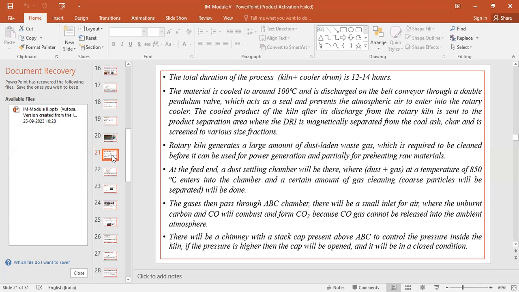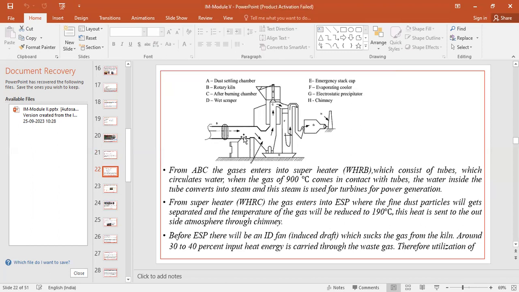And like that, whatever the dust you can see in this particular picture. This is the feed end of the kiln, and then you can see the dust settling chamber.